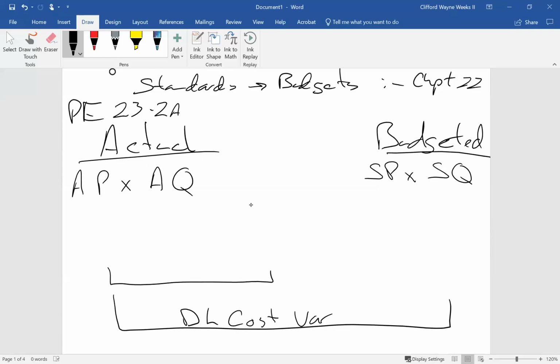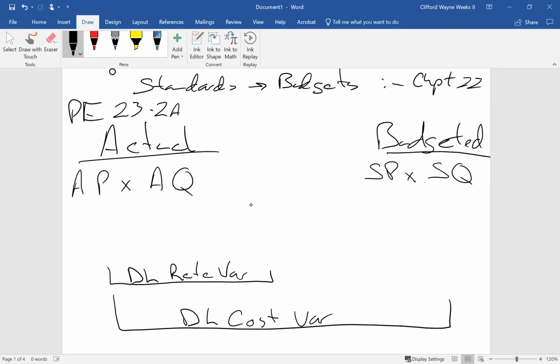We're going to have, right, either the price or the rate variance. Because this is direct labor, okay, they use a rate because we pay our employees a rate, not a price. I mean, I'll explain that in a minute. All right, so direct labor rate variance.